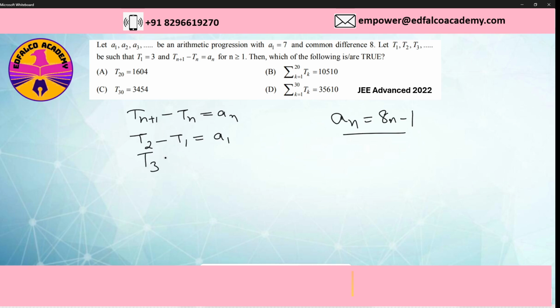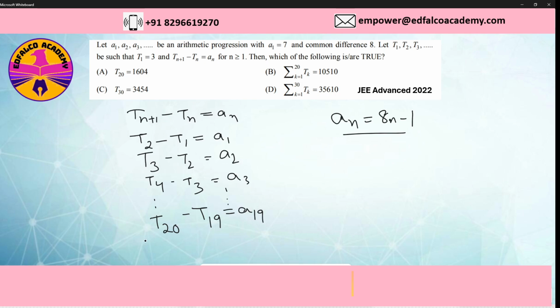Same way t3 minus t2 होना चाहिए a2 and t4 minus t3 होना चाहिए a3 and so on, right? Till we reach the point, क्योंकि यहाँ पर T20 के बारे में पूछा है और T30 के बारे में पूछा है. So let's take T20. So it will be T20 minus T19 is equal to a19.